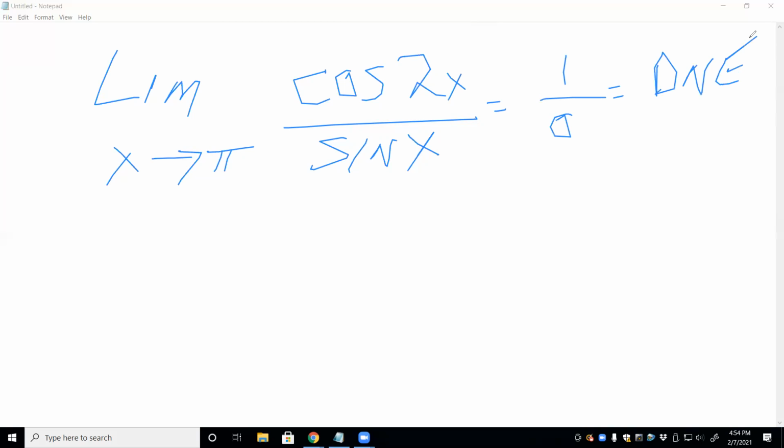Okay. And you might say that it's infinity, but it probably isn't, because if I go from the left or the right, it's probably negative infinity in one case and positive infinity in the other. Okay. So it almost certainly doesn't exist.